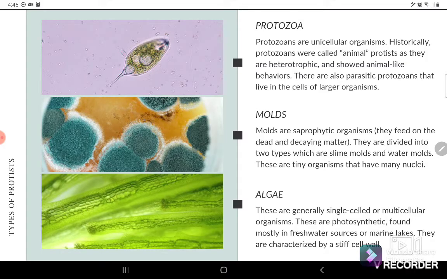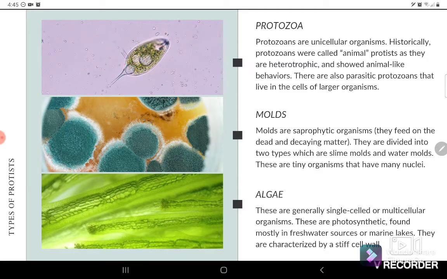Now, protozoans do not have a definite shape. If you look at your module, we have presented the different examples of protozoans. Some protozoans have a disc-like shape. Some are oval in shape.